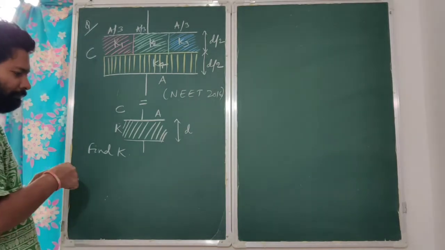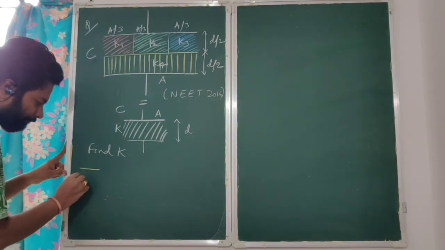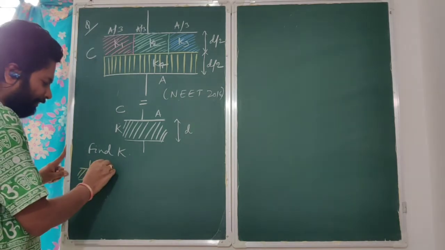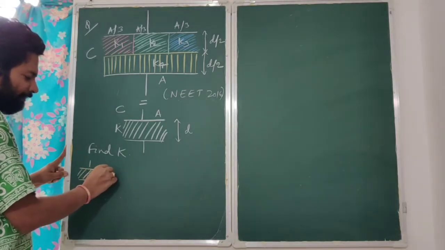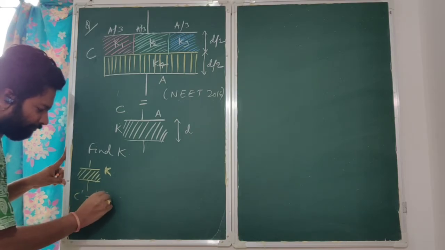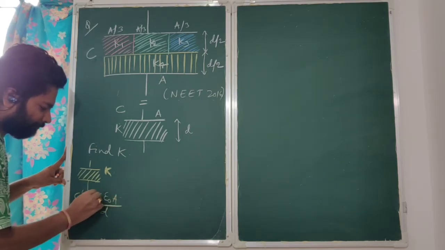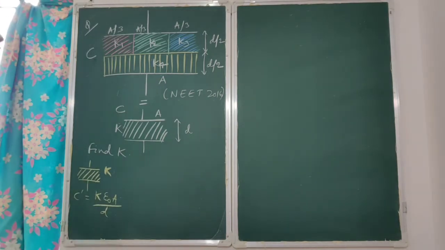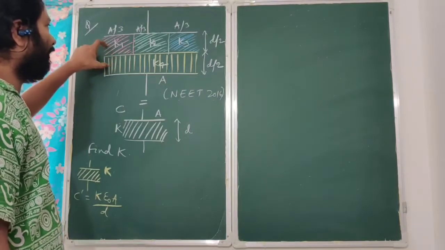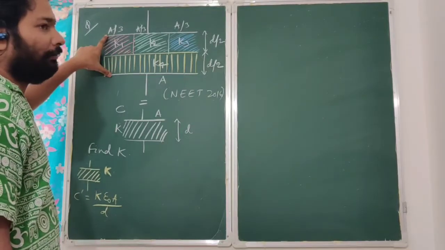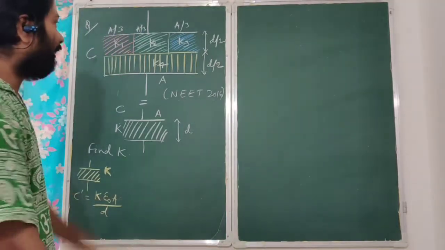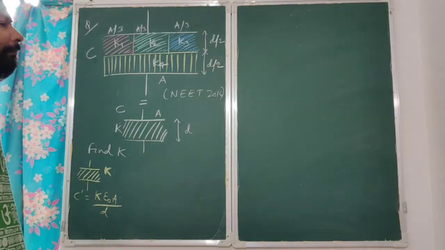If you are filling a parallel plate capacitor with some material having dielectric constant K, then its capacitance becomes K times epsilon naught A by D. Second thing is, if dielectric materials are filled in the space between the 2 parallel plates and they are arranged such that they are dividing the area, then we can consider them to be connected in parallel.